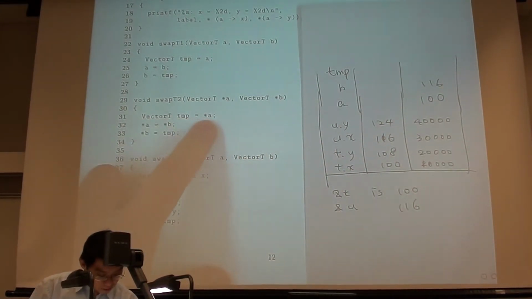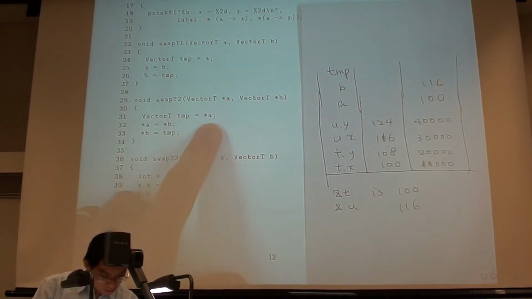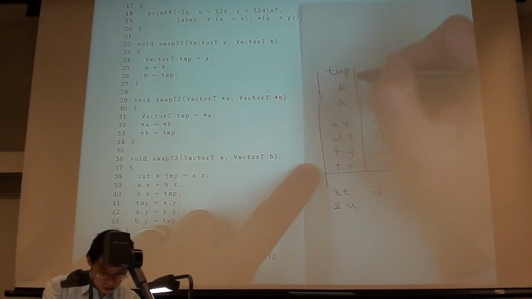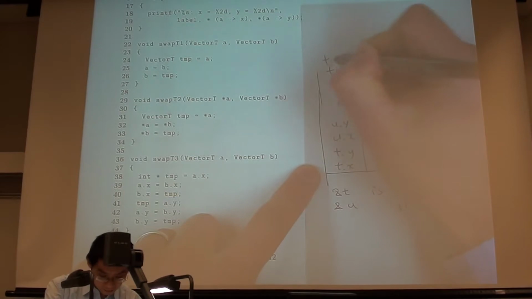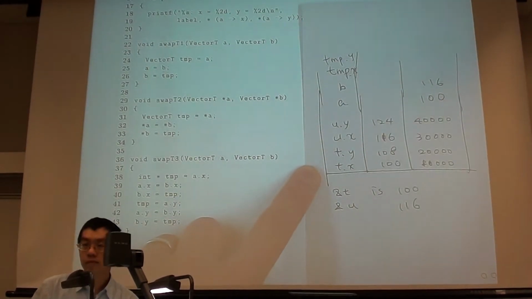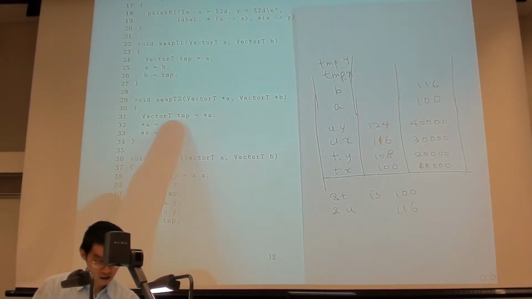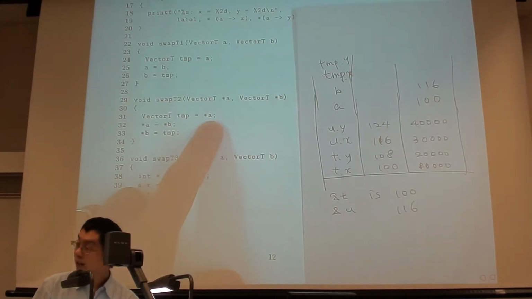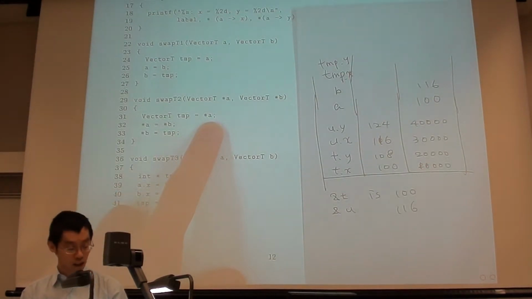Temp is not a pointer, so temp has X and Y. There's no star in front of temp. I say temp equal to star A. Now, I'm not declaring A as a pointer anymore because there's no type.